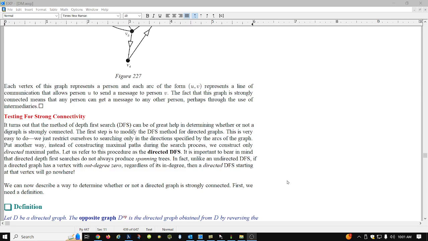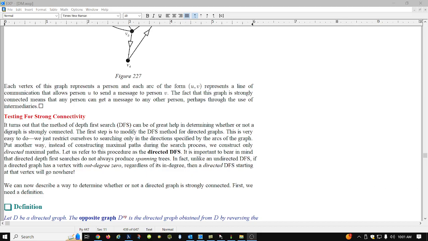If a directed graph should happen to have a vertex of out-degree 0, in other words, no arcs leave that vertex, it doesn't matter how many arcs enter the vertex, but none leave, then if we tried to start a directed depth first search at that vertex, you can't go anywhere. So your depth first search is going to end with just that one vertex.